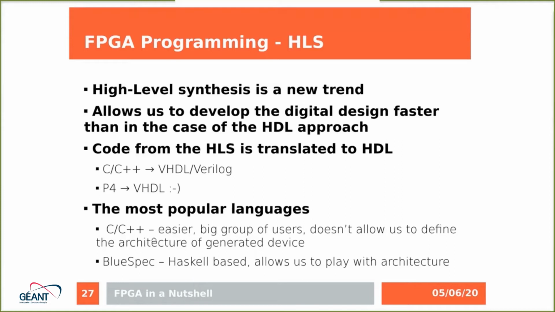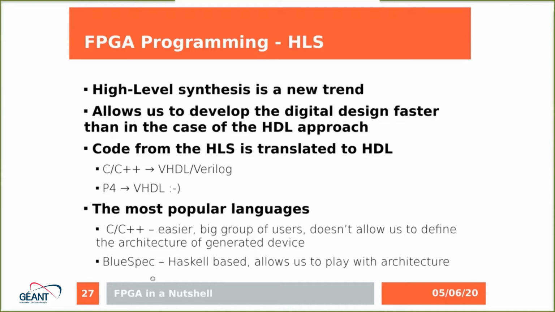After this presentation, I will show you two possible HLS approaches. The first one is using C and C++, which is easier. It has a bigger group of users, but it doesn't allow us to define the final architecture of the generated device. So you cannot decide what component or what code will be connected with other code and so on.